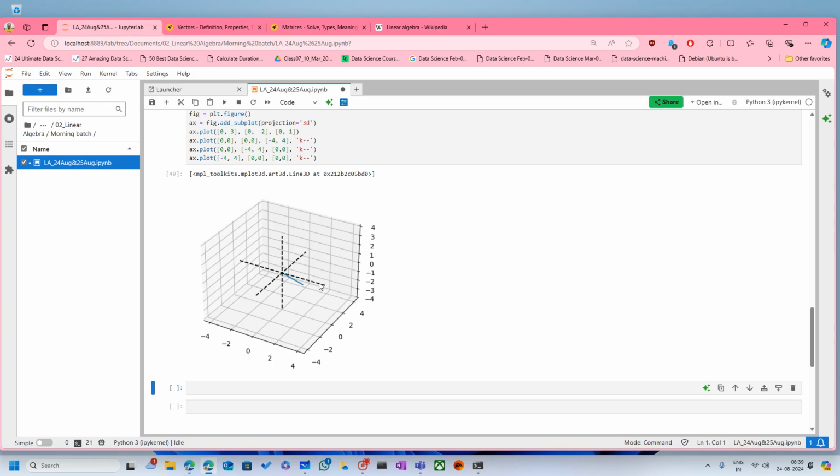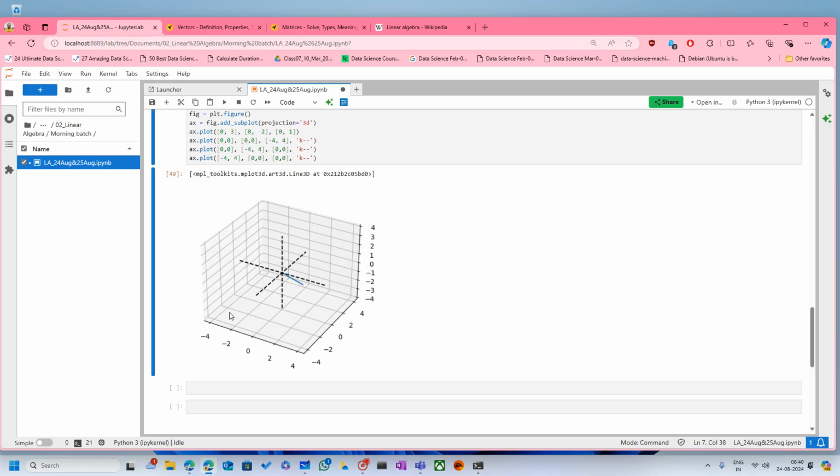If this coordinate system is your x-axis, it's going at 3, and along the vertical axis, which is this axis, it's going at minus 2, somewhere here. And at the z axis, this is difficult to imagine, it's going at one value, maybe somewhere here.